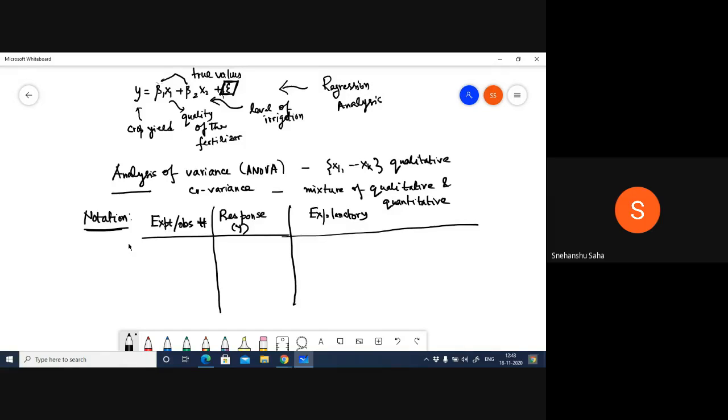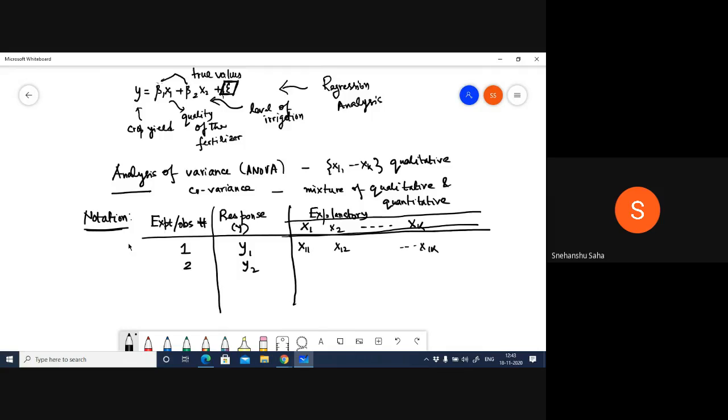Now, assuming that there are multiple explanatory variables, x1, x2, all the way up to xk, and now we have observations. So for observation 1, the value that I recorded is y1. And for explanatory variables, because for x1 this is the first value, we use x11, right? Similarly, x12 and so on, up to x1k.